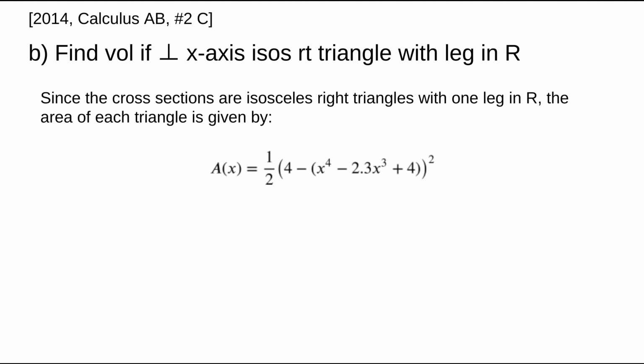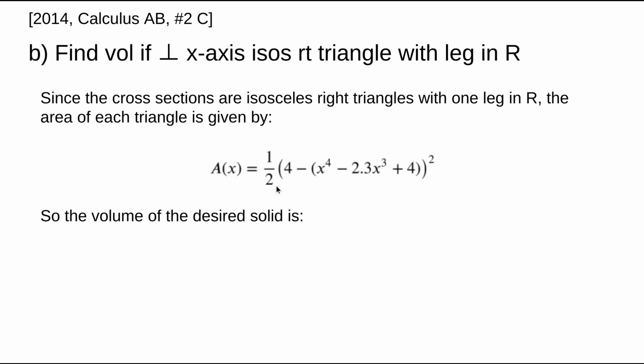We can define an area function A of x, which is just 1/2 of 4 minus x to the 4th minus 2.3x cubed plus 4, squared. This is just the difference between the two functions, which would be the length of the leg. Squaring it gives us the area of a square, but these are isosceles right triangles, which would have half of that area, so that's why we have the half.